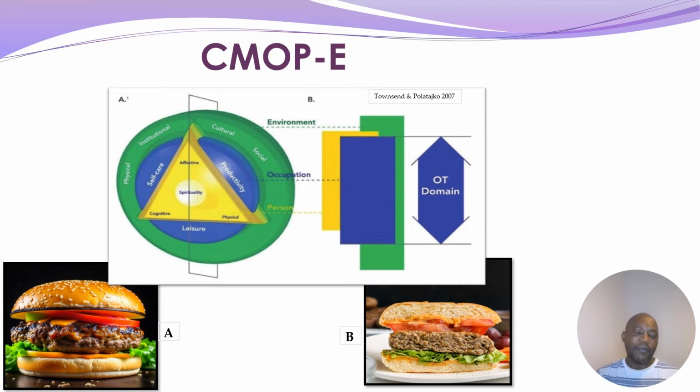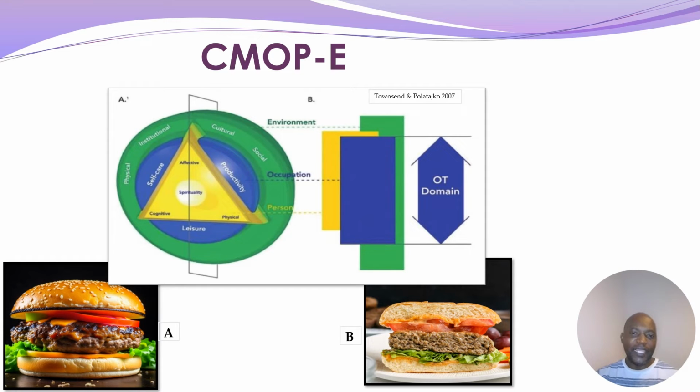So what the occupation does is that it is the bridge between the person and the environment. So if you look at image B on the CMOP-E, the yellow bit, that's the person, the blue bit, that's the occupation, and then the green bit, that's the environment. As you can see, the occupation, which is the blue part, is the one that is bridging between the person, represented by the yellow, and the environment, represented by the green.